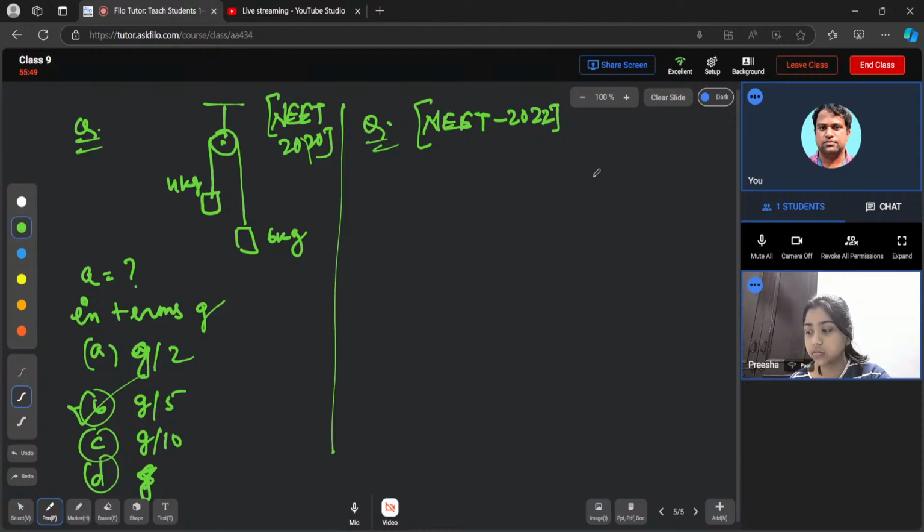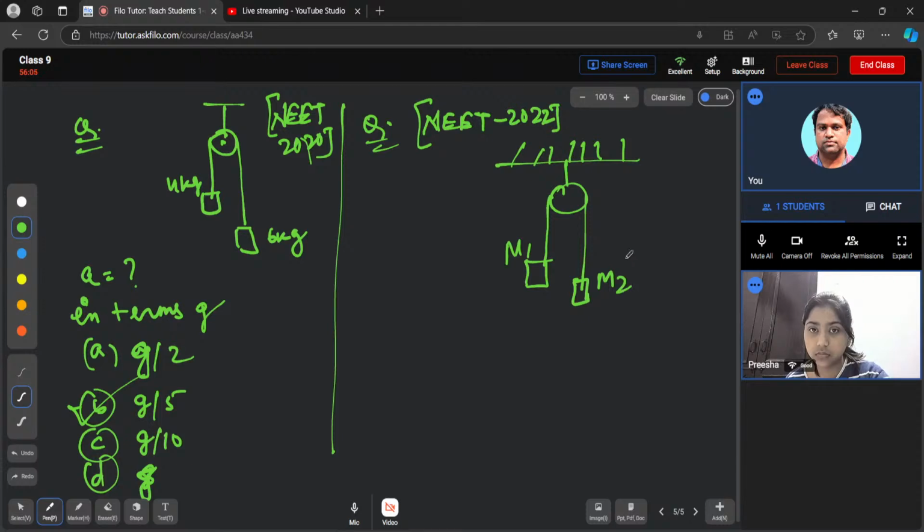The question is, there is a pulley and there are two masses, M1 and M2, at the two ends of a string that passes over a frictionless pulley. M2 is twice of M1, given that M2 is 2 times of M1.